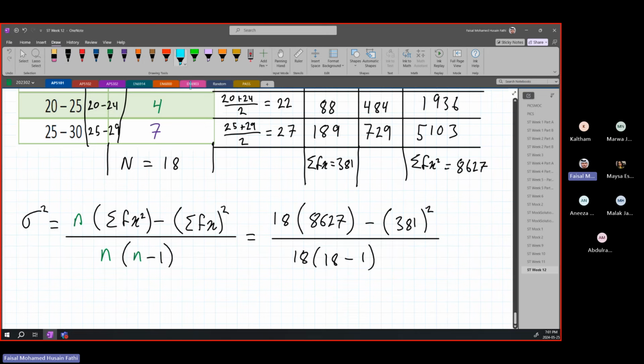Again, where did I get the values? So this is our fx, this is our fx squared, where in the equation it is over here. This is our fx squared. And the last thing, which is our n, which is equal to 18.